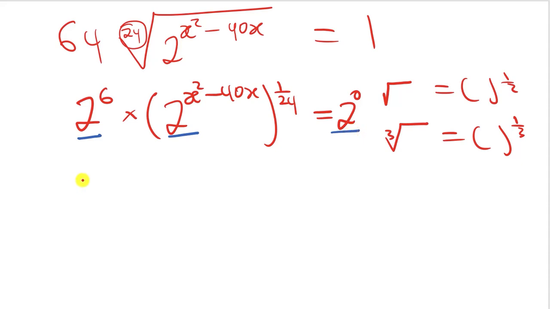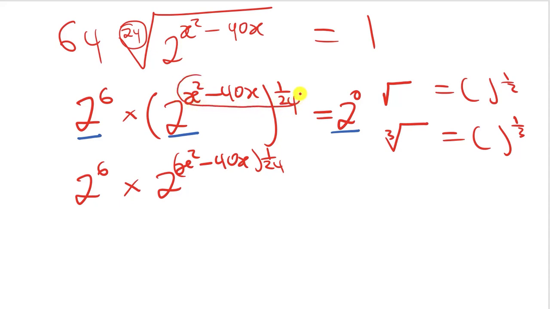So we are going to have 2 exponent 6 times 2 exponent x squared minus 40x being multiplied by the exponent 1 over 24, because we are combining that to get one term. Those will be equal to 2 exponent 0.